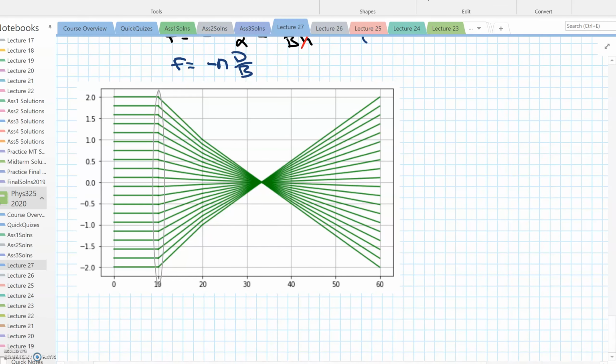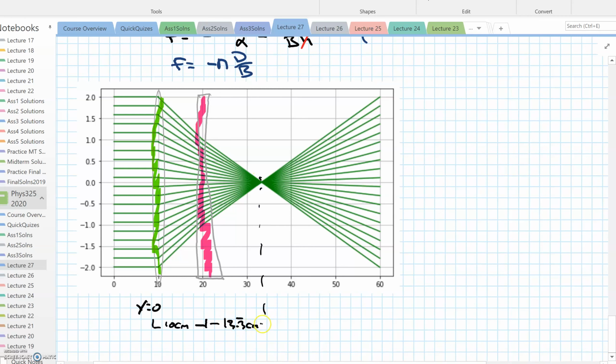We have our first lens here. We have a diverging lens here. Yes, I know, I cannot draw. And this is effectively x equals 0. 10 centimeters later, we have this. And then 13.3 centimeters, we have our focus. And this is how you can simulate this thing.